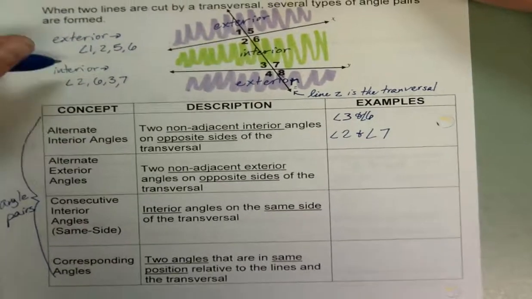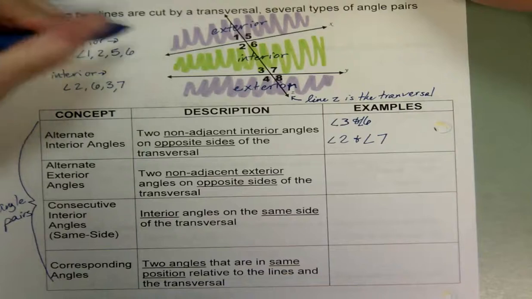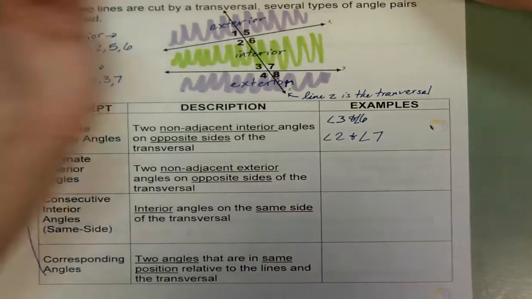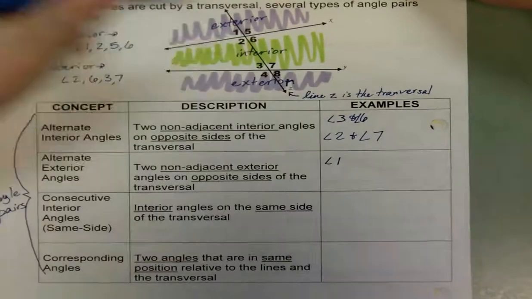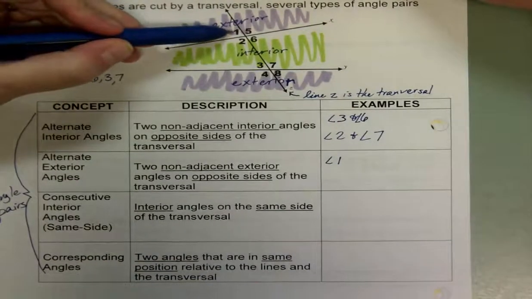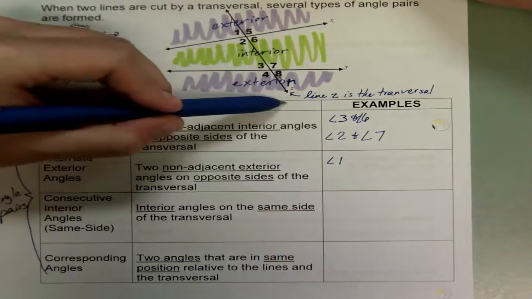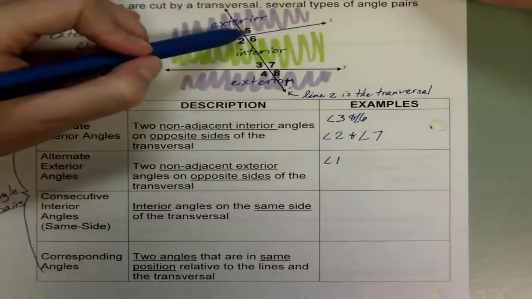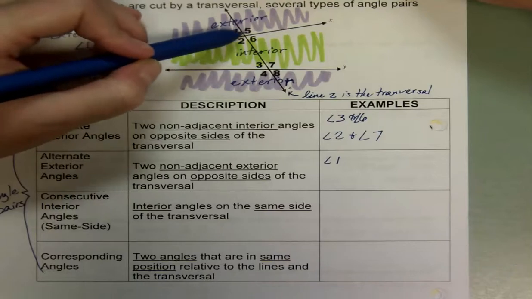Alternate exterior angles, that means we're picking from these four angles, 1, 2, 5, and 6. So if we look at angle 1, we've got to figure out which other angle is on the alternate side of the transversal, but still on the exterior, and it has to be 8. It can't be 5, because that's a linear pair.